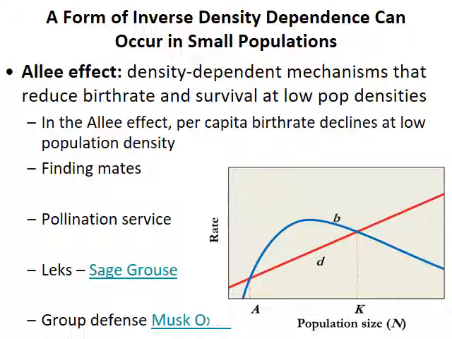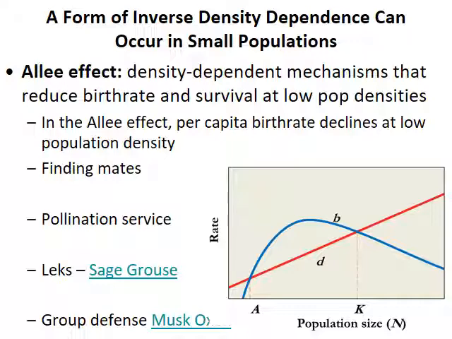Or you've got group defense, like musk oxen here. They form this sort of defensive circle around their young. So a group of musk oxen is going to be successful at defending itself, but a smaller group is going to face much greater risks. So basically, there's this key size you need to be above in order for things like group reproduction or group defense or sufficient pollination service or even just finding mates to work.